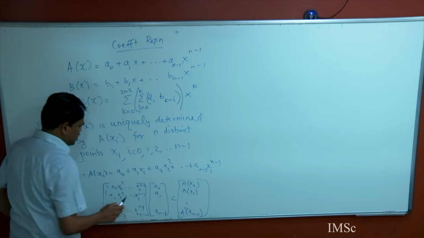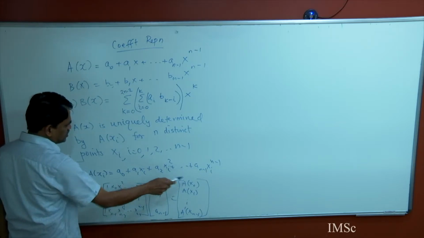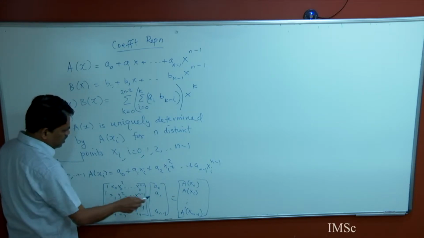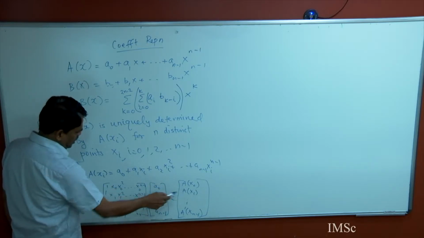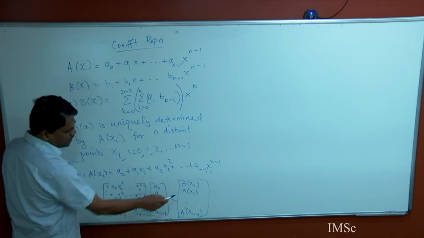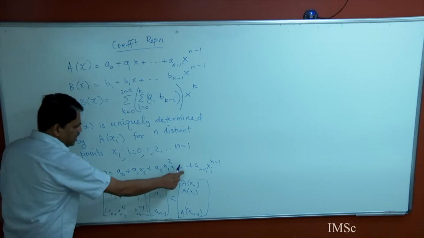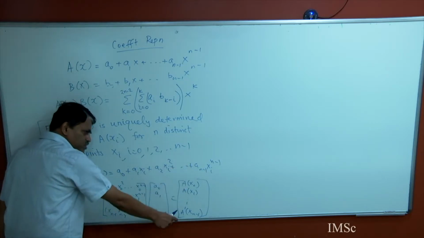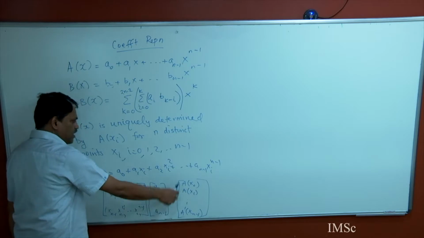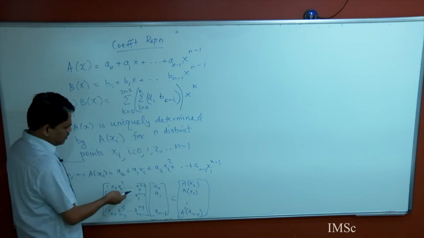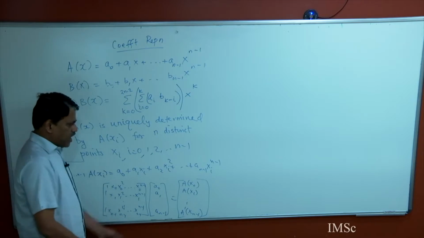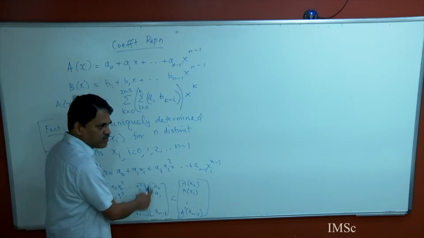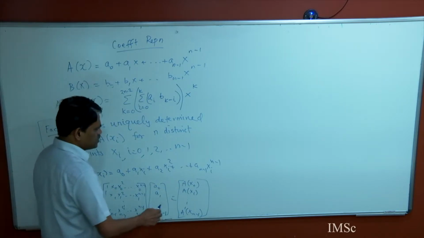Right, because A(x0) is essentially this first row, which is a0 plus a1 x0 plus and so on, you get this. A(x1), you take the second row and do a multiplication, you get this. So, suppose I tell you these values x0, x1, x2, up to x(n minus 1), so I know this matrix, and I want to find these coefficients. How do I find these coefficients?